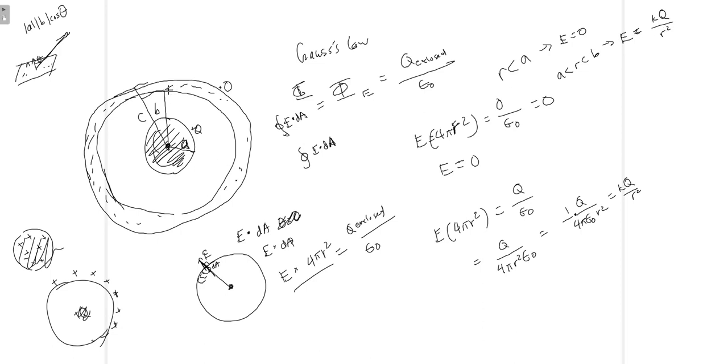So now let's find the electric field when we're in this outer shell. The problem says the outer shell is a conducting shell, and so again, all the charge must be on the surface because they're pushing each other away. And the electric field within a conducting object must be 0.